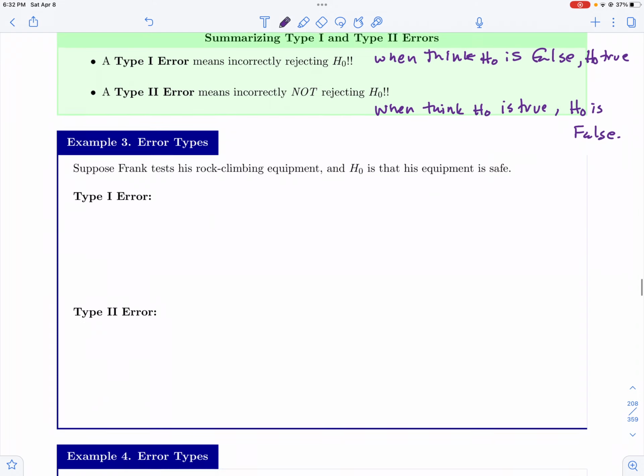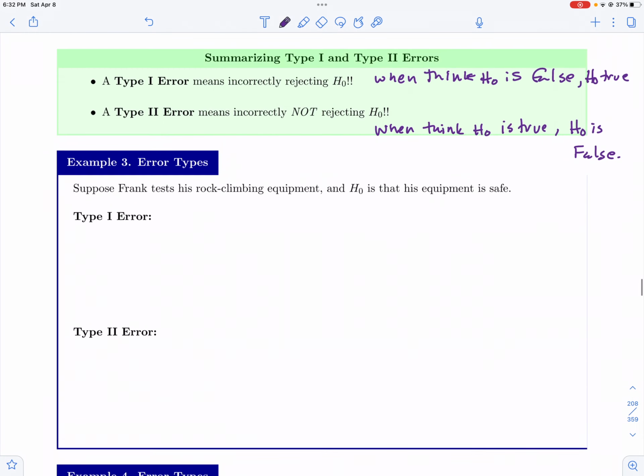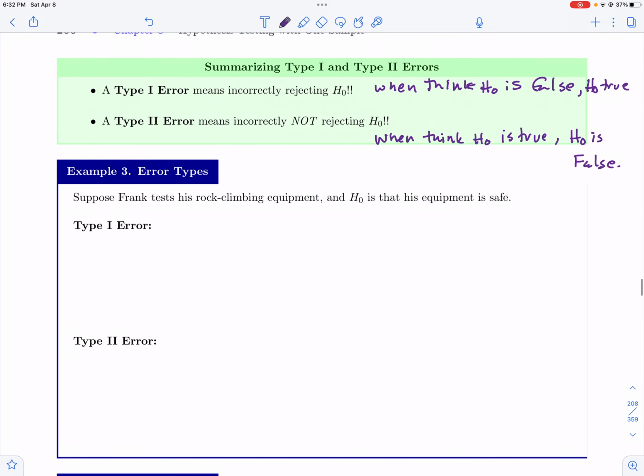All right, so let's look at some examples of how these would work out real quick. Suppose Frank tests rock climbing equipment and H naught is that his equipment is safe. If this were a type 1 error, H naught, meaning it is safe, would be the true statement. But in this case, we think H naught is false, so we think the equipment is not safe.